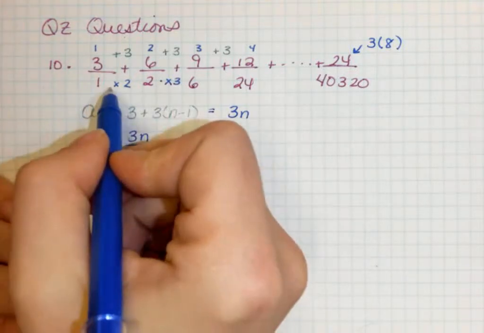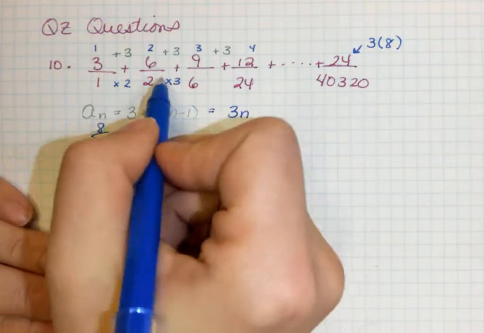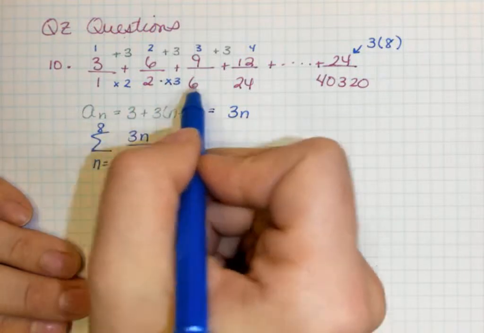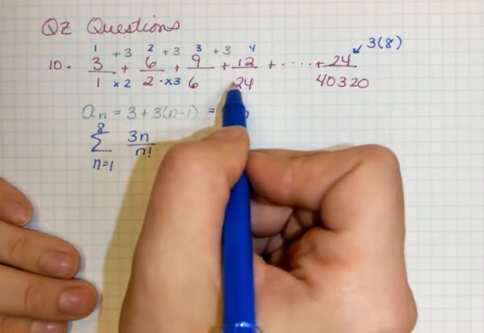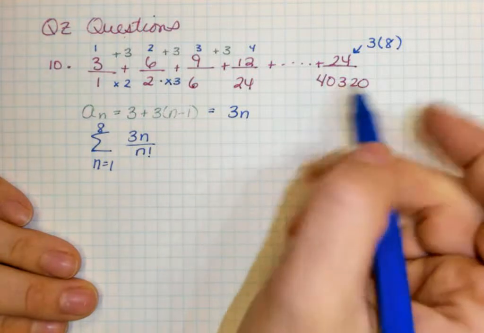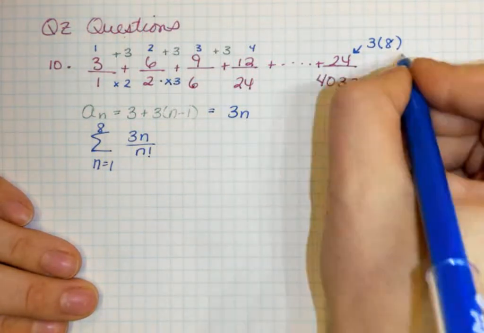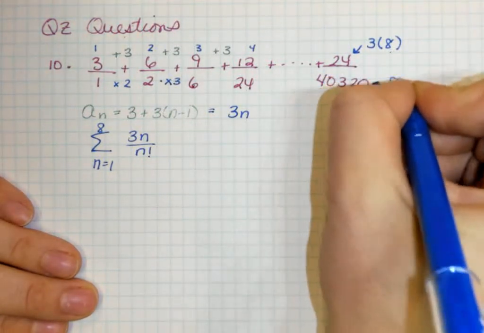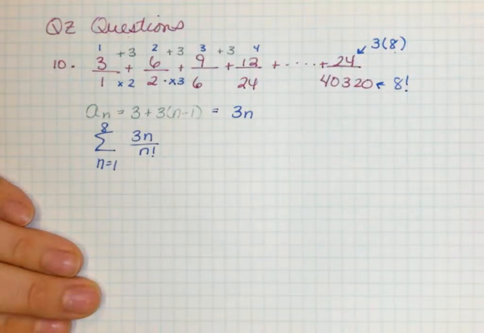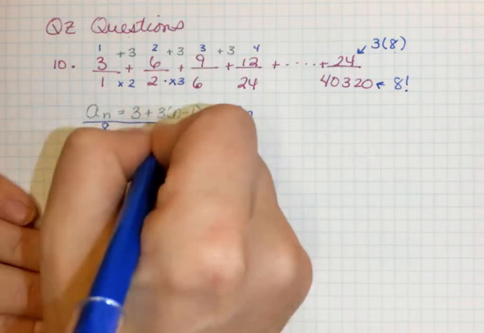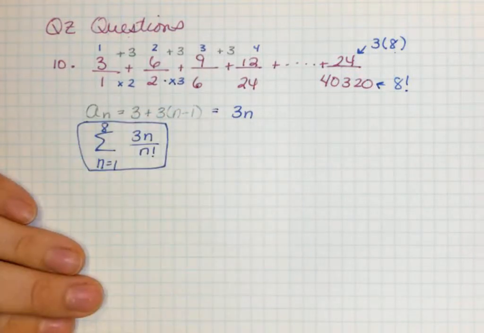Okay, so 1 factorial is just 1. 2 factorial is 2 times 1. 3 times 2 times 1. 4 times 3 times 2 times 1. And if you're worried about this guy, check to see if the pattern holds. Grab that number and see if that is 8 factorial, which it happens to be. Okay? So that is the answer for number 10.